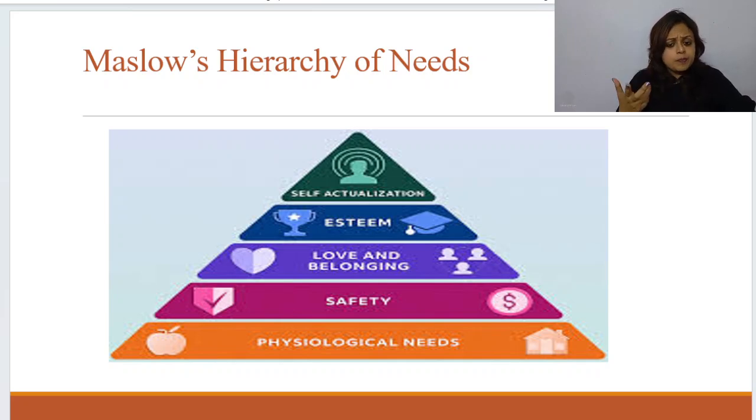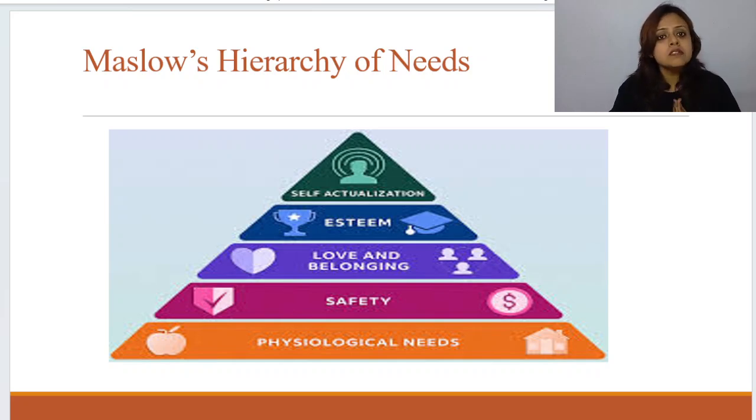In this paper, he mainly tried to predict how the innate human needs are satisfied, and these innate human needs are arranged in a hierarchical order from the bottom to the top.